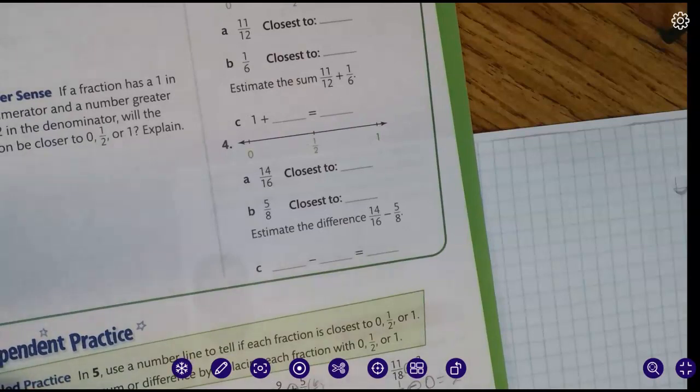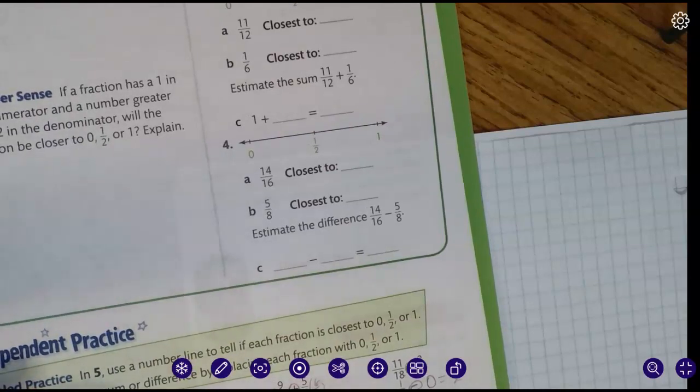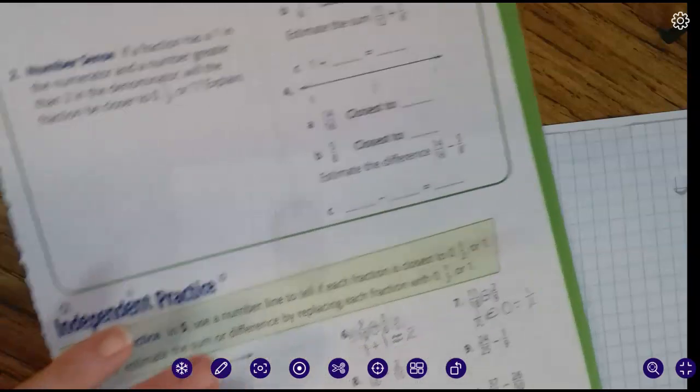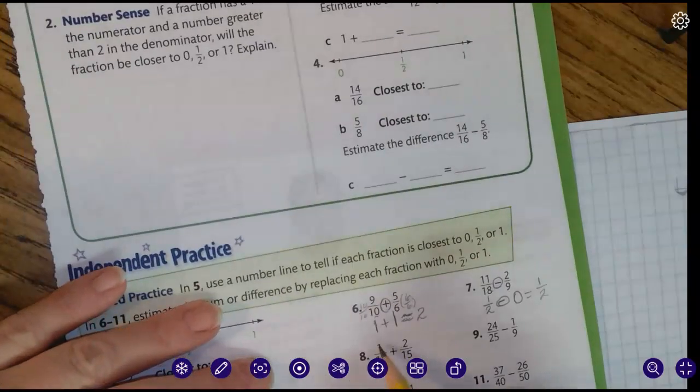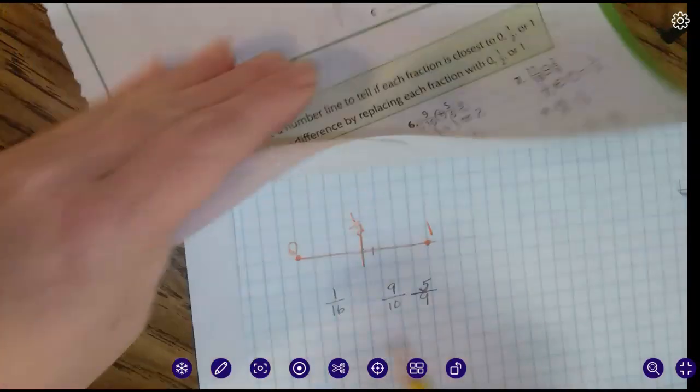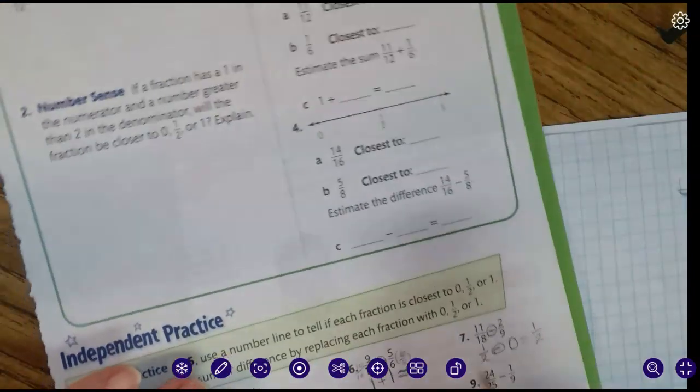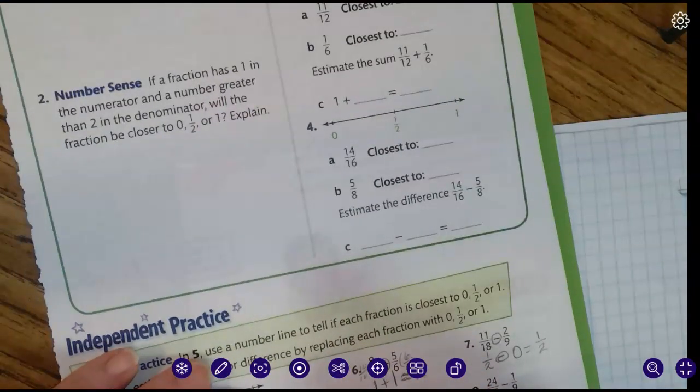Let's do one more. Well, maybe more than one. But look at this, 1/16. That means out of 16 pieces, only one of them was taken. You're probably not even going to barely notice that. That is way over here, closer to 0. So I'm going to call that one 0. And then we have 2/15.